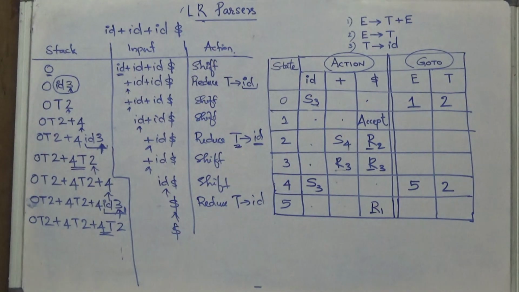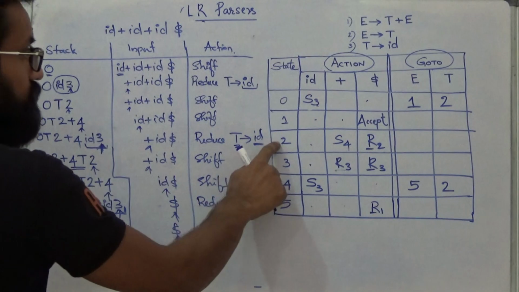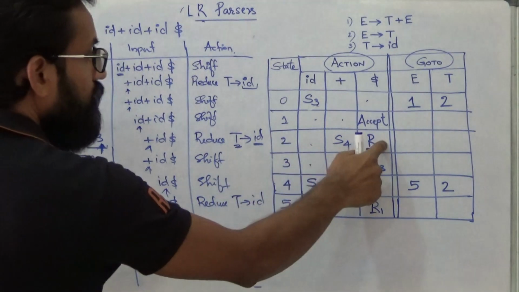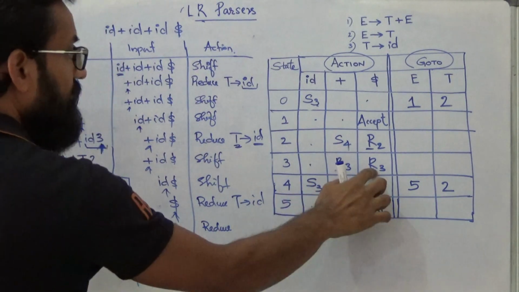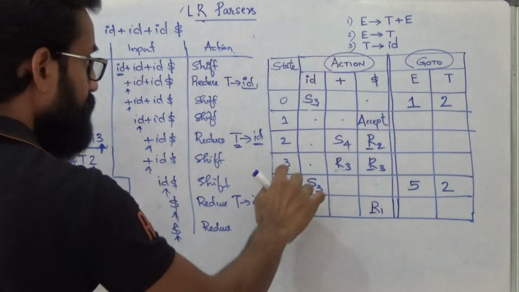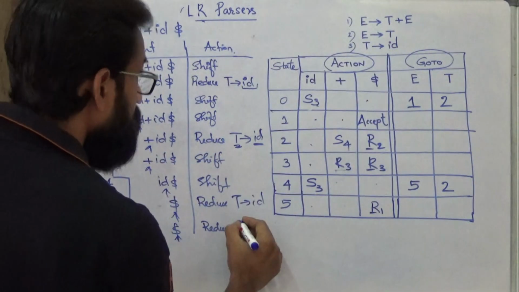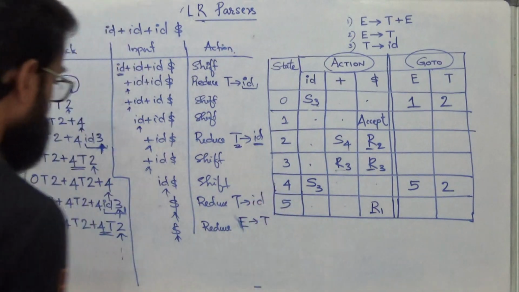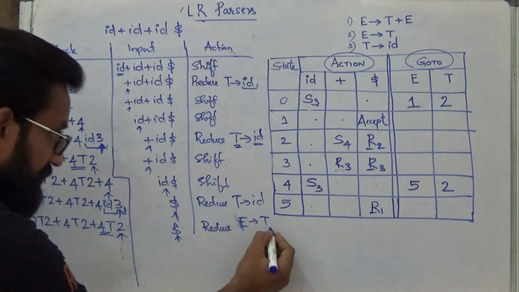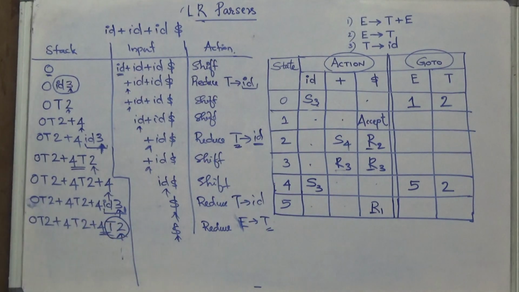Next configuration is $2. $2 is a reduction. Reduce by applying the second production, that is E giving T. Since the right hand side is of length 1, a string of length 2 gets popped from the stack.